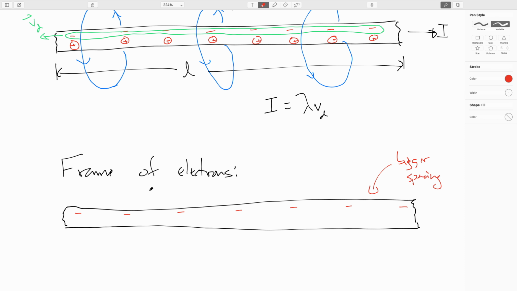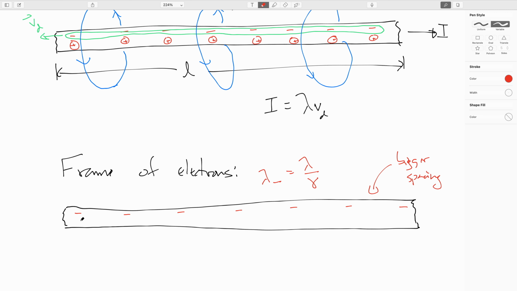So the spacing between electrons would be what it was before times gamma. Since the linear charge density is the charge per unit length, the density of my electrons, I'll call that lambda minus, would be equal to the density of either of these charges up here over gamma.